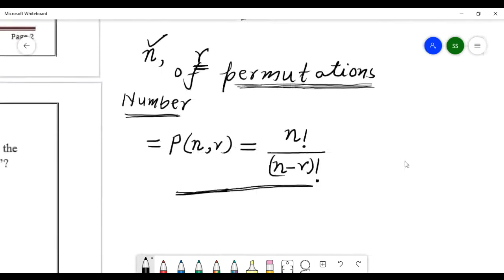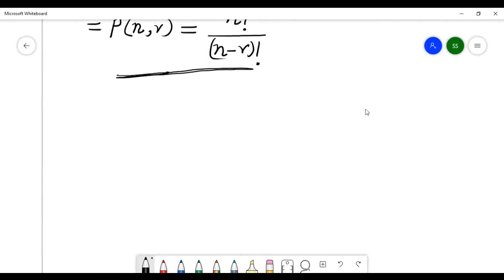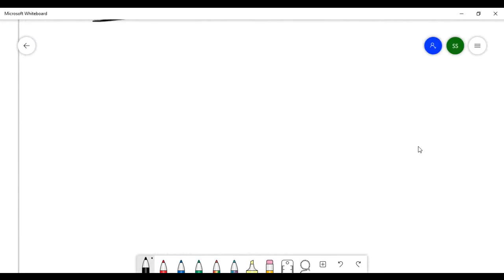See this, just be careful. If we have a total of n objects and you are taking r together, with no repetition, all of them different, then how do we write the number of permutations? P(n, r) equals n factorial divided by (n minus r) factorial.